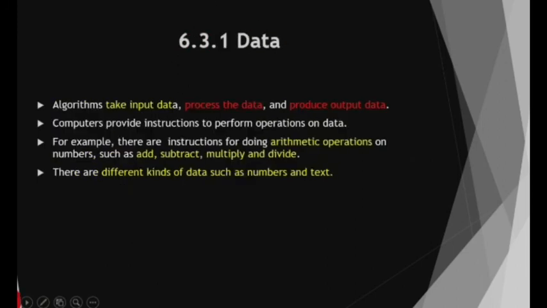So here you can understand data means a collection of raw facts. Algorithms can take input data, process the data and produce output data. And if they want to do any operations, they have to handle the different kinds of data.